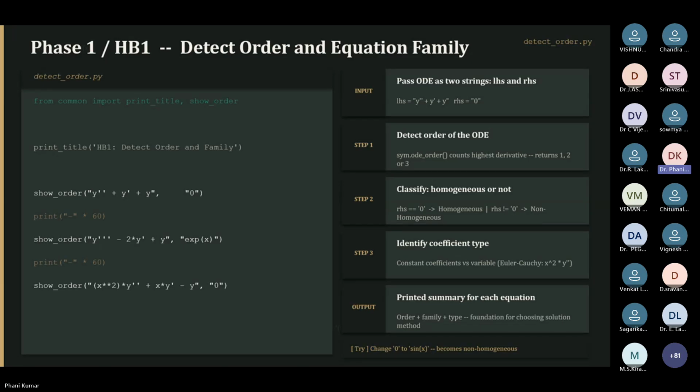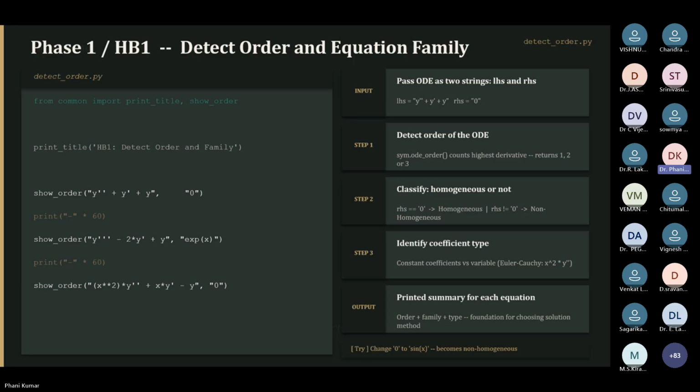So this is phase one: detect the order of the given equation. In step one, the input is the LHS, y double dash plus y dash plus y. If we input it directly, the program doesn't understand it.